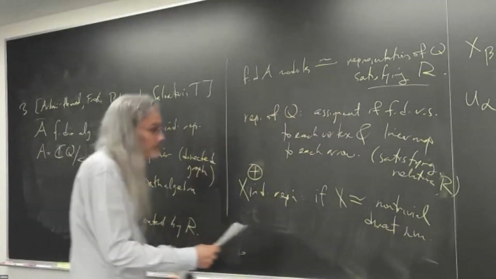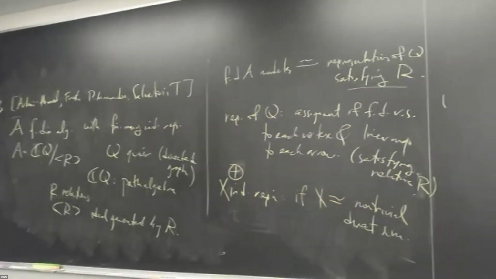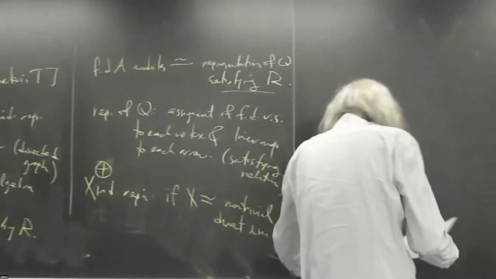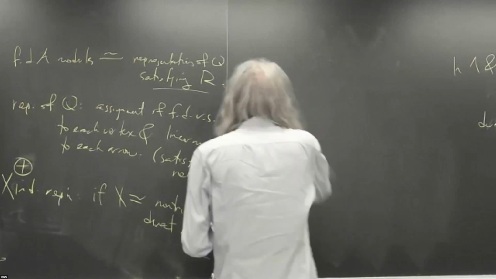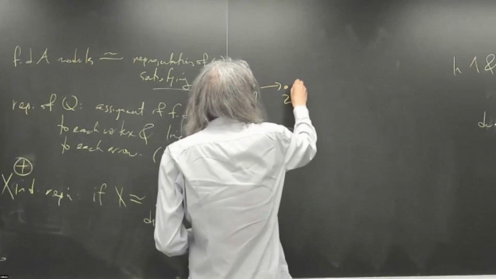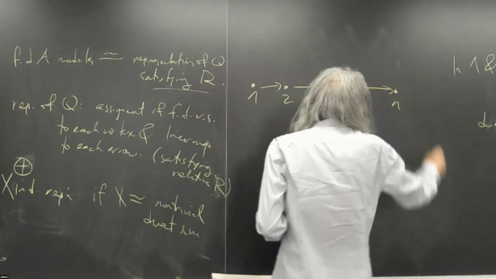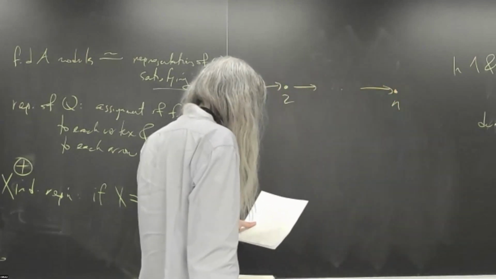So in particular, if we take the very simplest looking quiver, it's just a bunch of arrows linearly oriented from 1 to n.